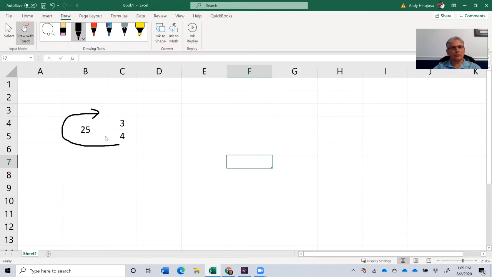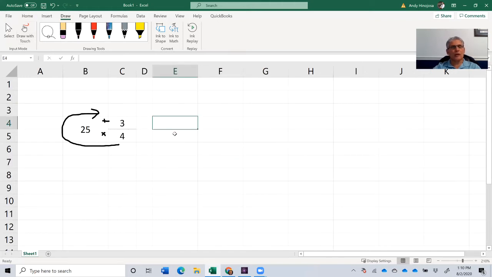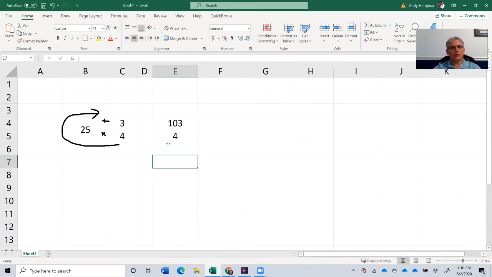I know that what we're going to do here is multiply, and then here we're going to just add. So I'll take the 4 times the 25, which is 100, and then I'll add the 3. So my numerator is going to be 103, and then I'm going to carry over the denominator, so the answer would be 103 over 4.